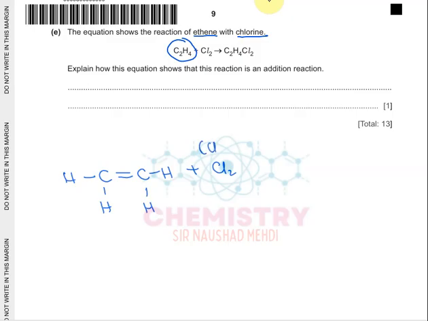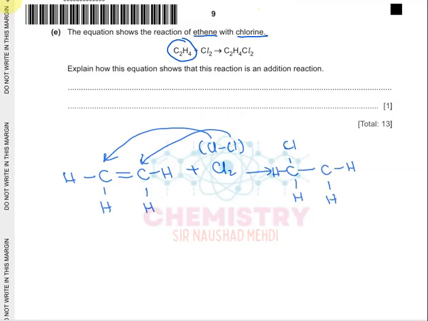This time these 2 chlorine atoms will be added to the 2 carbon atoms, so you will get Cl over here, the hydrogens, the double bond will be converted into a single bond, and 1 Cl will be added on this side.